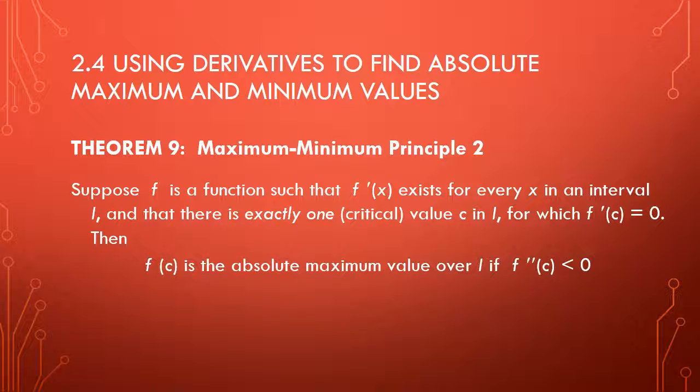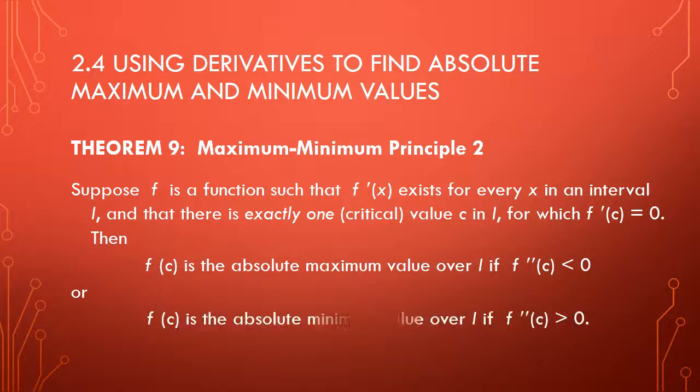Then f of c is the absolute maximum value over the interval if the second derivative is negative, or it's the absolute minimum value if the second derivative is positive. In other words, if you come away with only one critical value, then you can use the second derivative test to see if it's going to be positive or negative, which will tell you if it's a maximum or minimum.